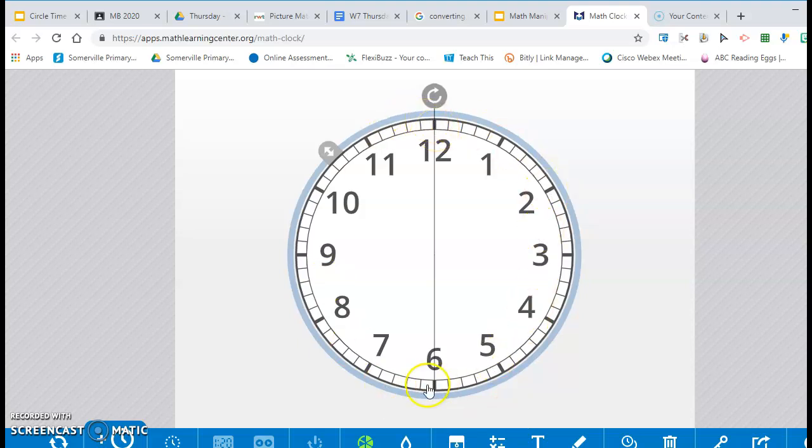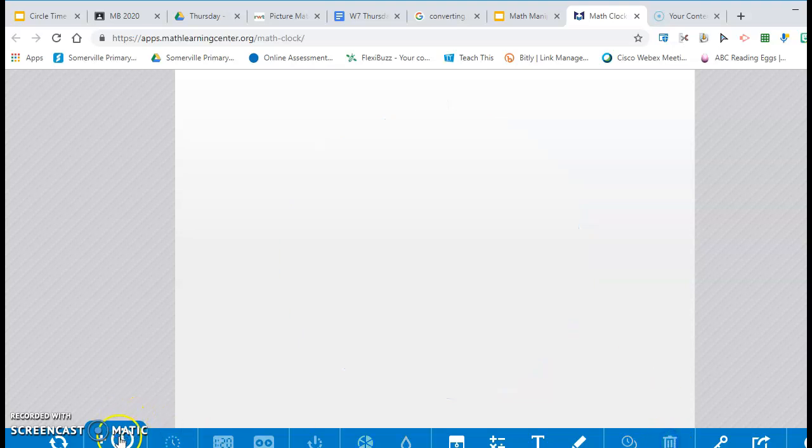If we only go halfway, then it's going to be 30 minutes, because half of 60 is 30. Another way we can work that out is we can skip count by fives all the way down to the 6, and it ends at 30. So you can see there's a clear line down the middle of our clock, so you can see it's halfway. I'm now going to show you on our normal clock.